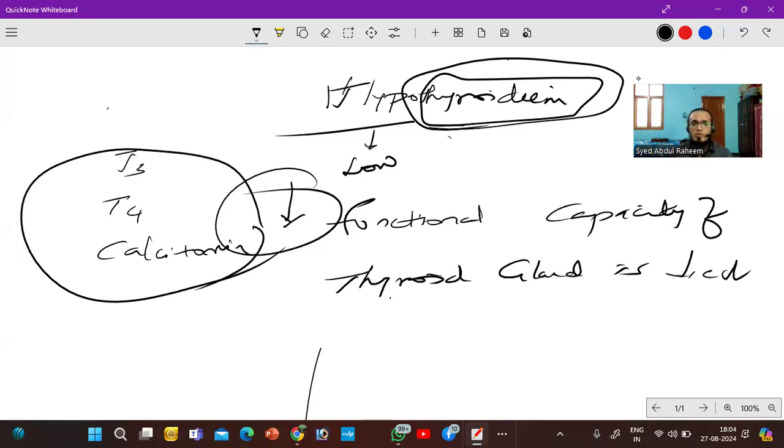We have the pituitary gland which releases one stimulating hormone, that is TSH, to the thyroid gland to release T3, T4, calcitonin. So if the thyroid gland functions at a lower amount, what will happen? We need more thyroid stimulating hormone.